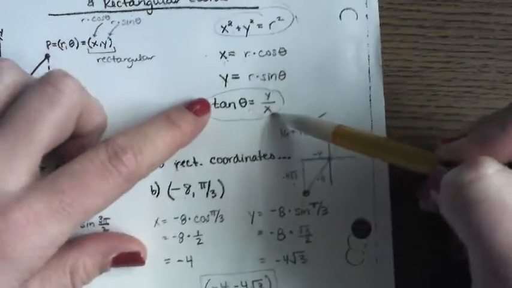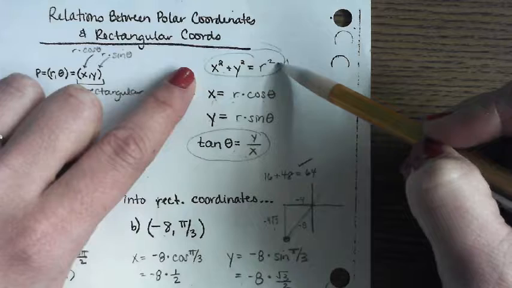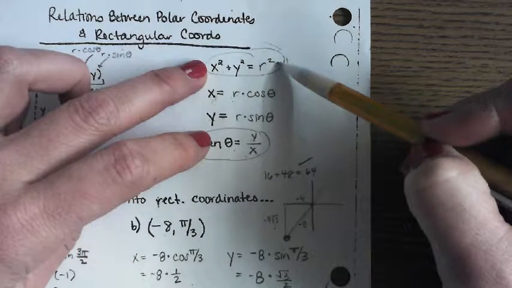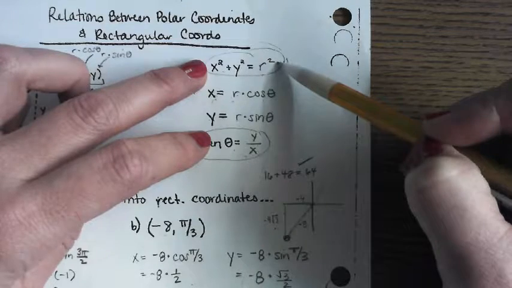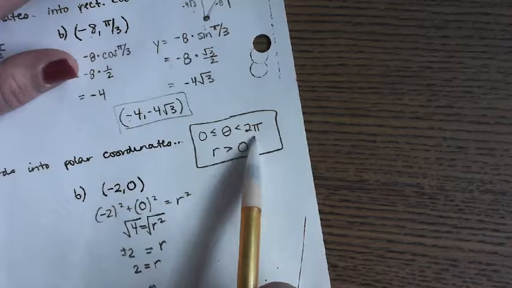Let me catch everyone up to speed. So he's saying he used this one to find theta, and he used this one to find r. But we're not doing 2 pi. Does that cover your question too, Jalen? Okay.